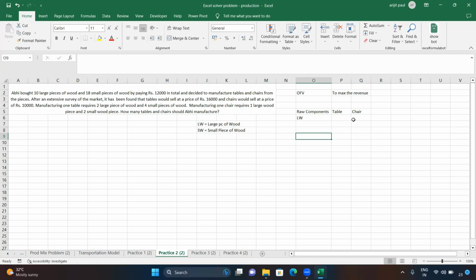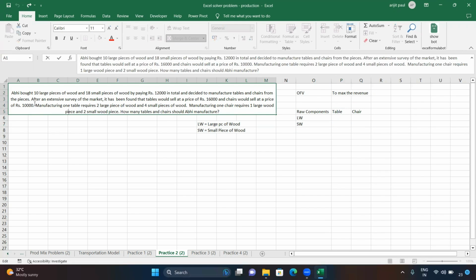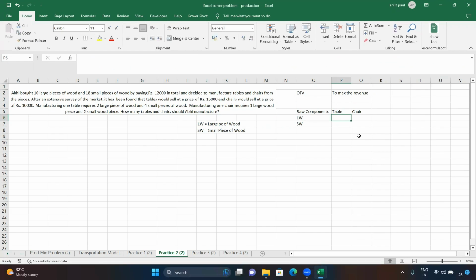So if we see the ratio to prepare one table, this is the line. Manufacturing one table requires two large pieces of wood and four small pieces of wood. So to prepare one table, we have a requirement of what?